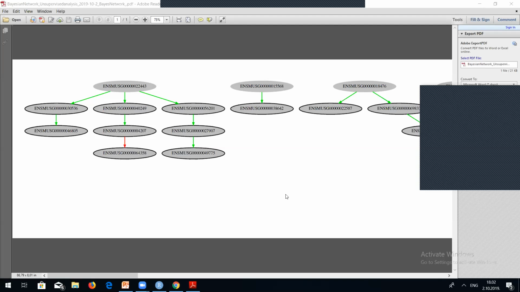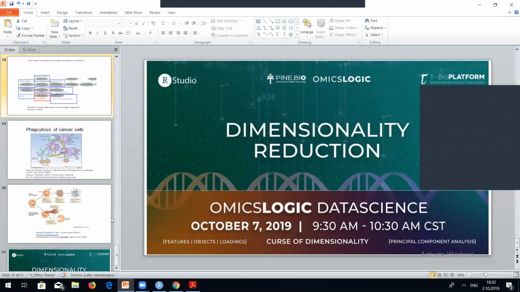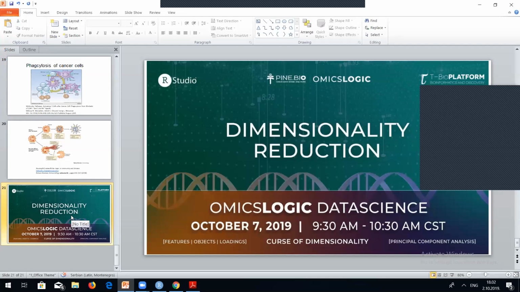It can be connected to identify biological processes or find subtypes of breast cancer. We had, for example, those, I don't know, luminal and normal-like, but we could find even more using unsupervised analysis. And we'll show you how to do that in our next session, which will be about dimensionality reduction.